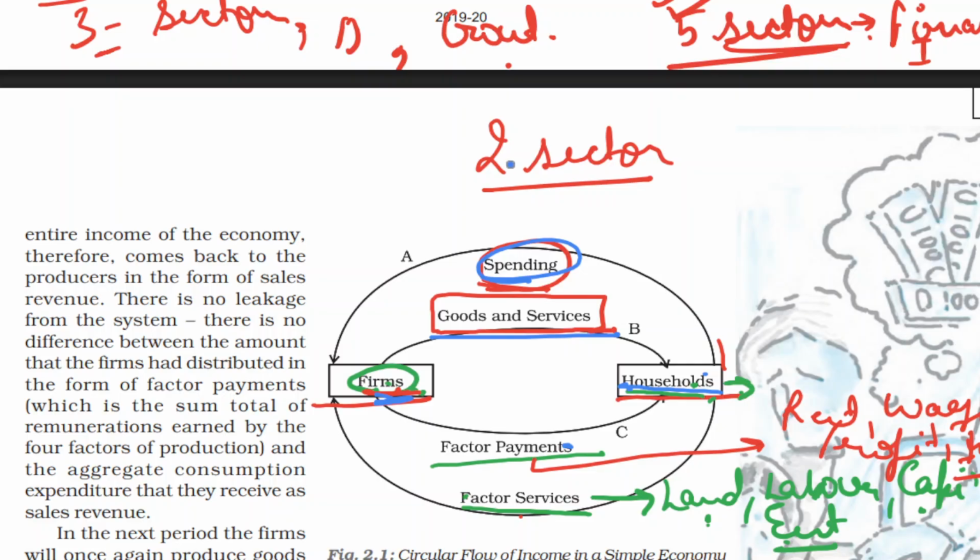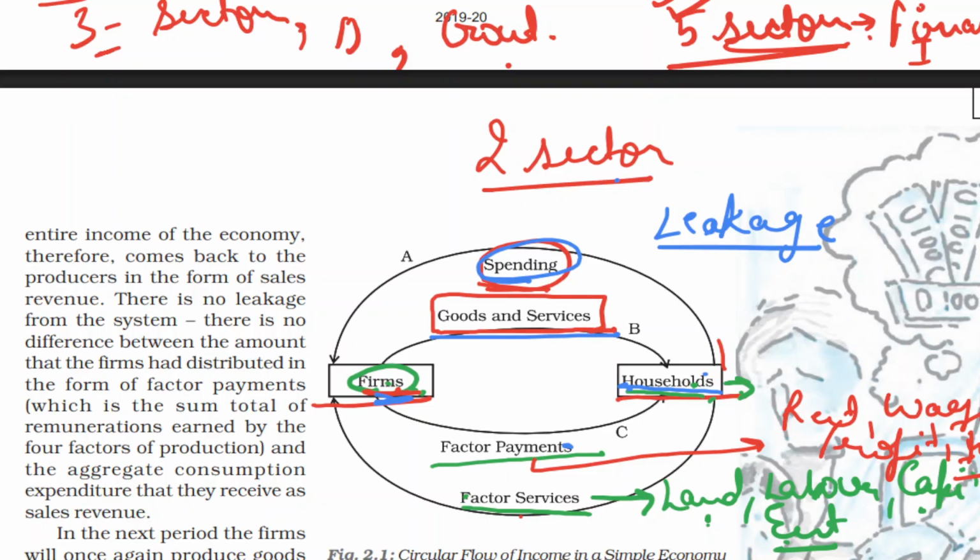Now, this is a two sector economy where no leakages are there. Now, what does this word leakage mean? Leakage is whenever you move some amount of money out of this circle.